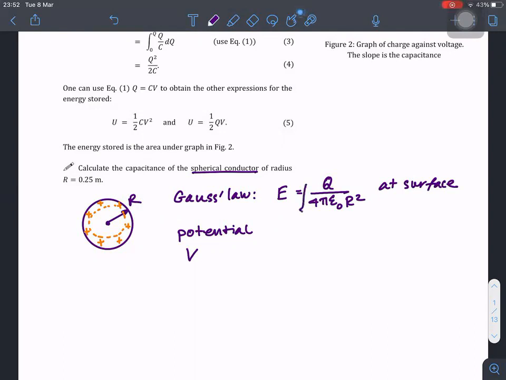and would be Q over 4 pi epsilon 0 r squared, at distance r.